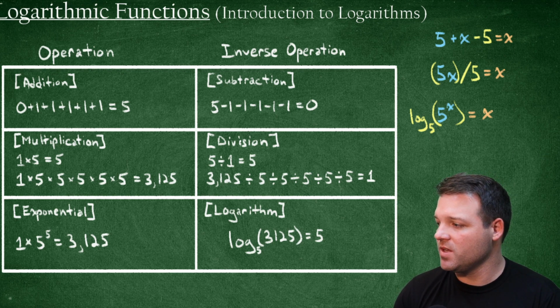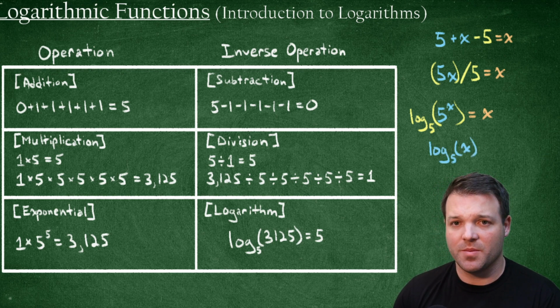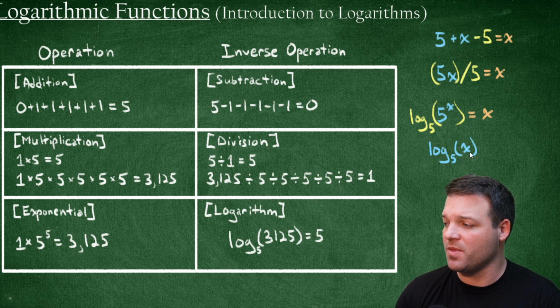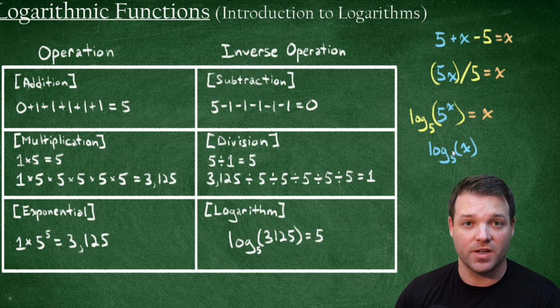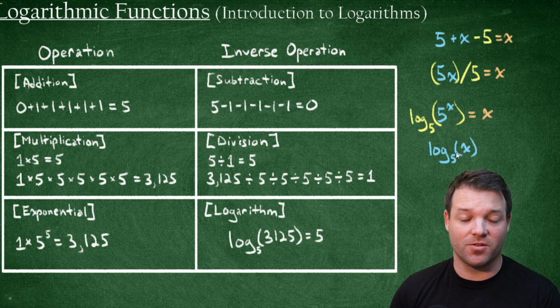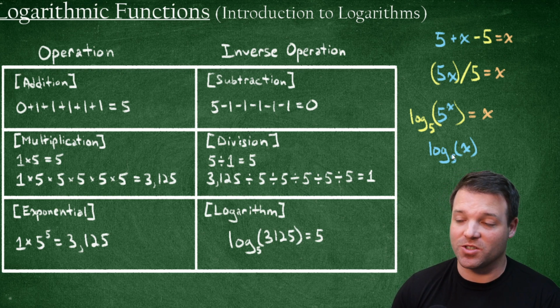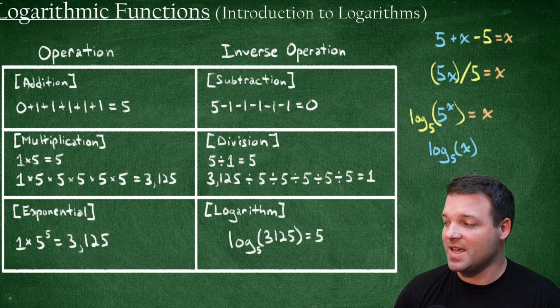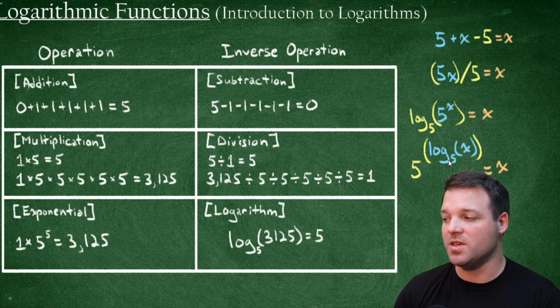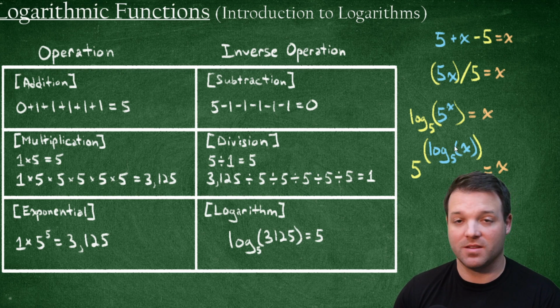And by the way, the opposite is true as well. If I have log base 5 of x, and I want to get this x out of here, what's the opposite of a logarithm? Well, the inverse of a logarithm is an exponential. So I would take the base of 5 to the log base 5 of x, and that is totally legal.